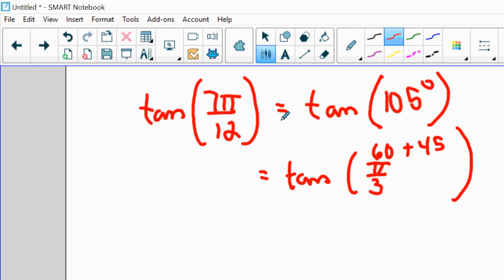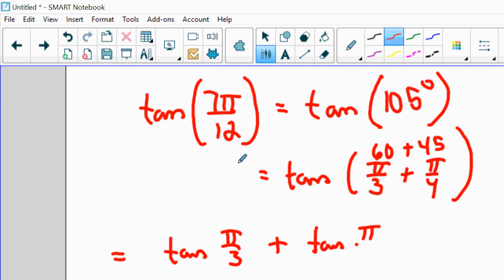Pi over 3 plus pi over 4. And that is tangent of pi over 3 plus, goes with plus, tangent of pi over 4 over 1 minus, the lower is opposite, tangent of pi over 3, tangent of pi over 4.